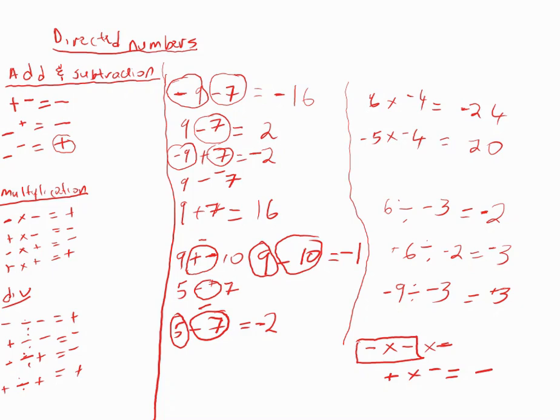So I'll make an example with one number. Let's say we have negative 3 times negative 2 times negative 4.